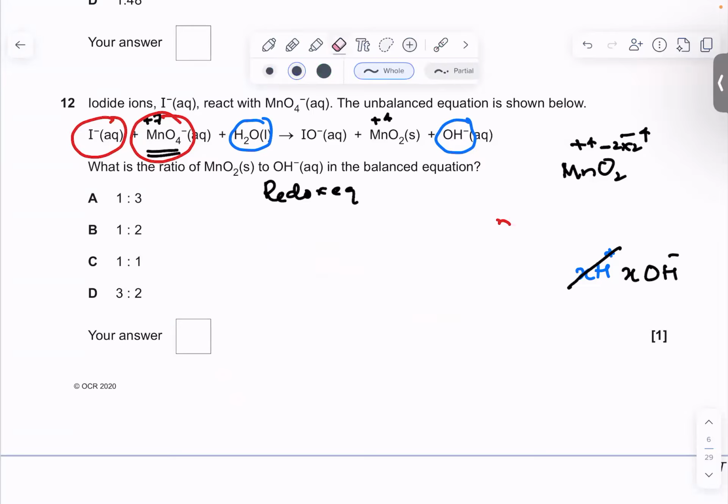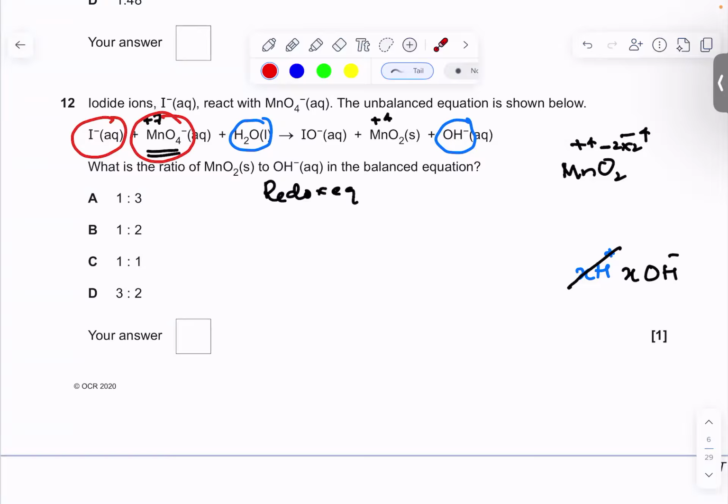Do you want to do it now, or try it afterwards? Do it now. Okay, fine. So then, after the electrons, you look at the overall charge, right? MnO4 minus, that's 1, and then 3 electrons, so minus 4.